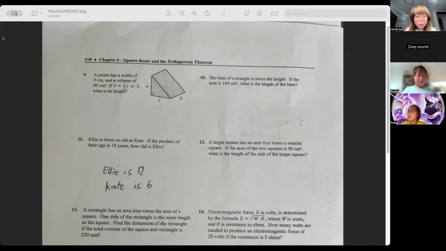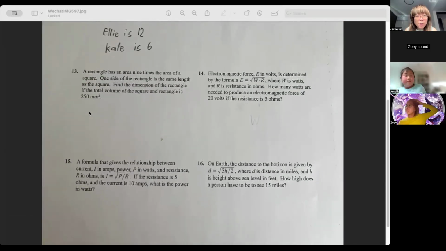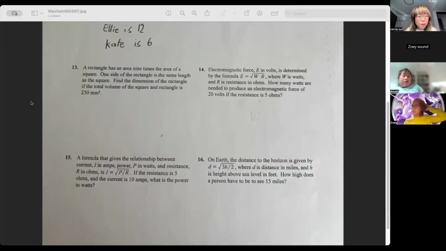OK，会自己慢慢做啊。OK, so now let's take a look at number 13, number 14, and number 15 and 16. 好吧 OK, again, the most important thing is follow the sentence. OK, a rectangle has an area 9 times as the area of a square. OK, we can say the rectangle equals 9 square.